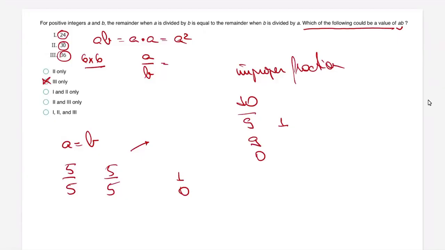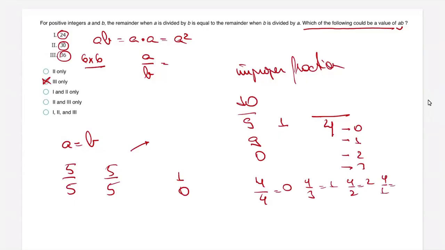Look, if a number is divided by 4, what are the possible remainders? 0, 1, 2, or 3. 4 divided by 4, the remainder is 0. 4 divided by 3, the remainder is 1. 4 divided by 2, the remainder is 2. 4 divided by 1, the remainder is 3.